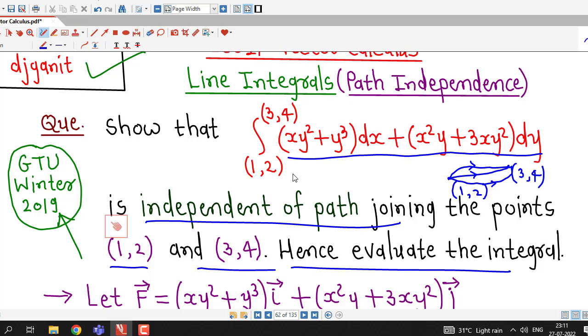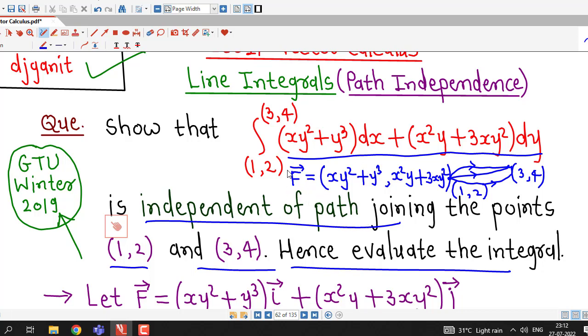Or if we consider this vector field F bar with components xy² + y³ and x²y + 3xy², then we have to prove that this F bar is a conservative vector field to show that this integral is independent of path.